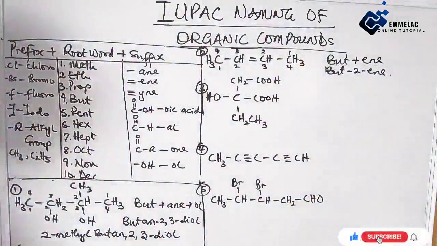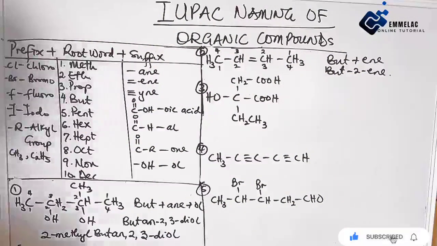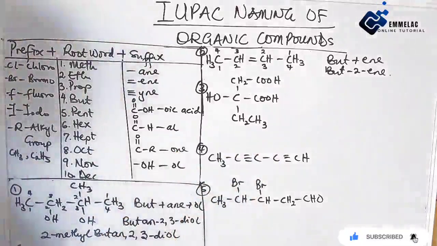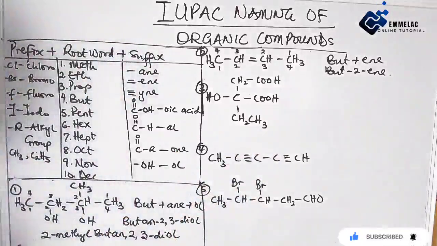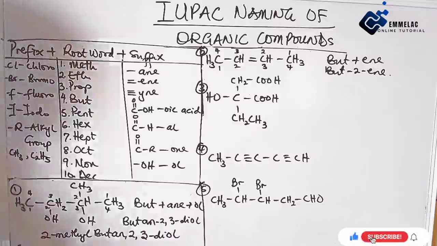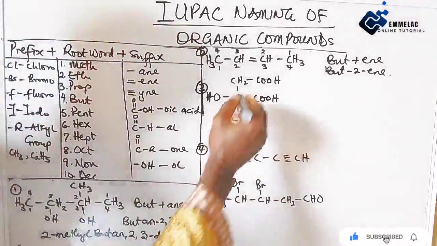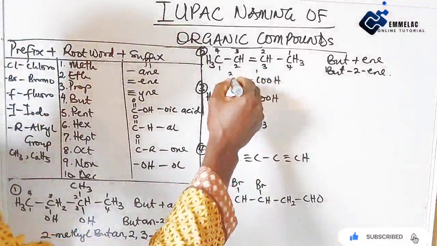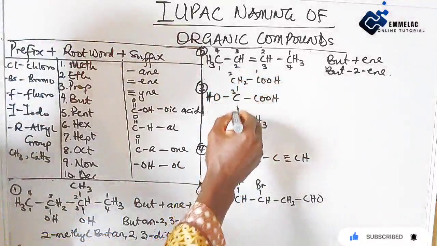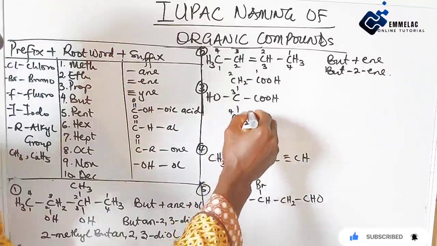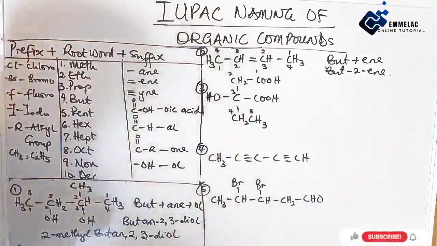Okay, now the next one here is this compound. Now the question is, how do you start naming this compound? We'll start from the functional group. If we start from here, this is 1, 2, 3, 4, and 5.